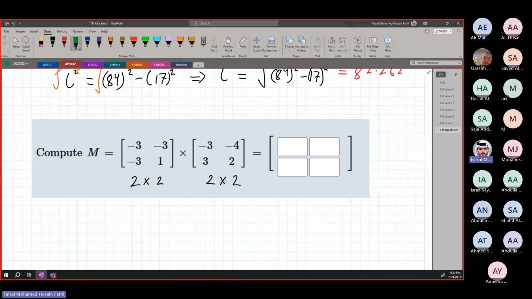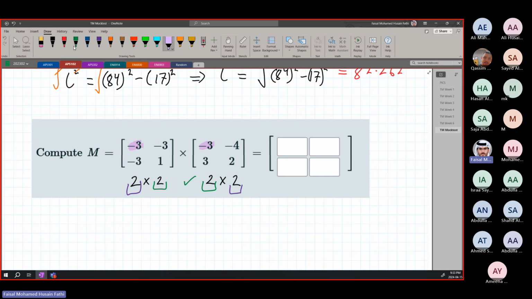Since the columns here are equal to the rows here, you can do the multiplication, and your solution is going to be the rows here times the columns here. The first step is you take the first value from the first row and multiply minus 3 by minus 3.